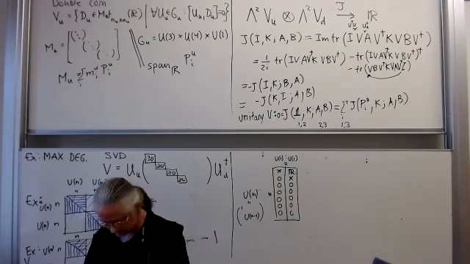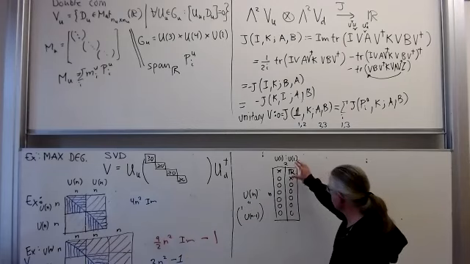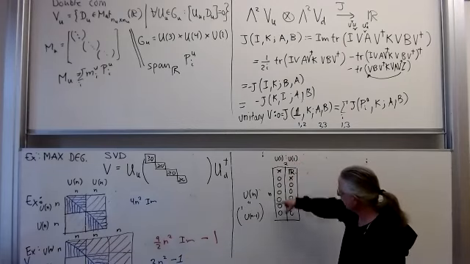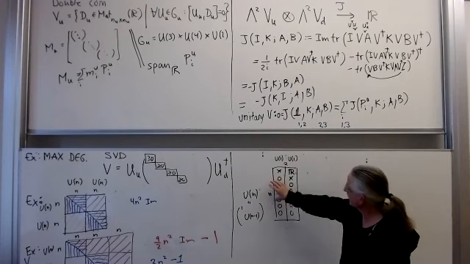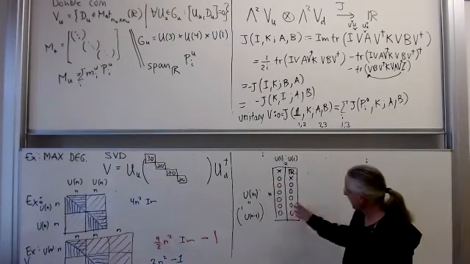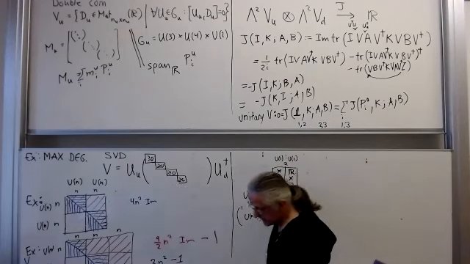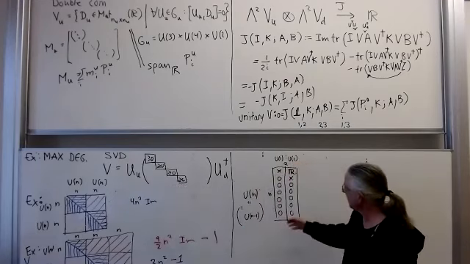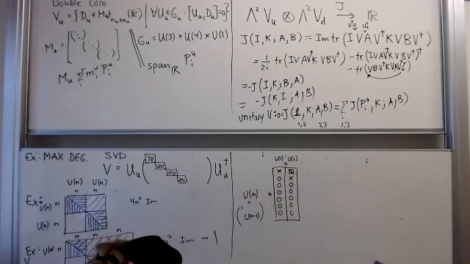Of course, there's no Jarlskog invariant because there's only 1 here. So we cannot make any Jarlskog invariant in that direction. There's 2 here. That's okay. So this is an example where we can always make this matrix real. So this is the type of argument that we're going to use from now on.